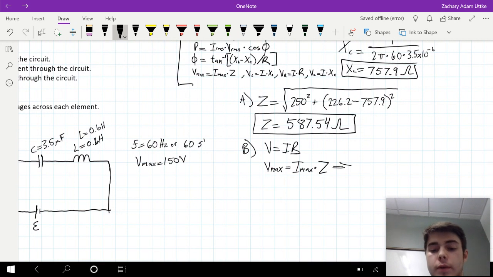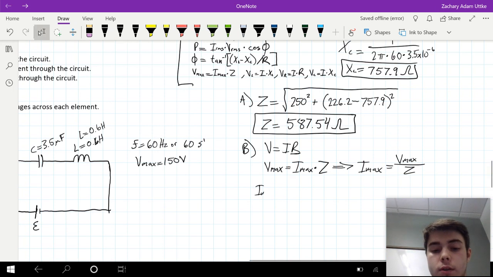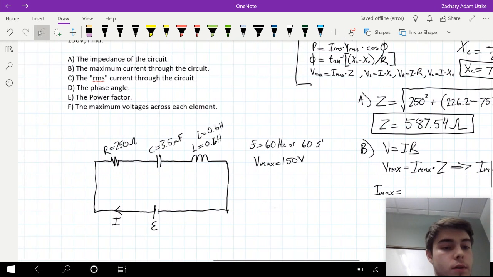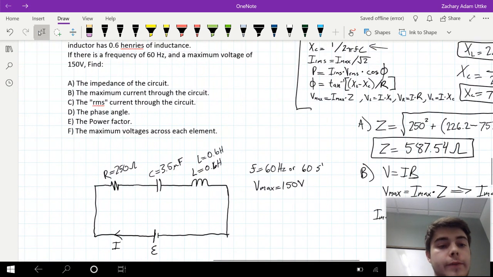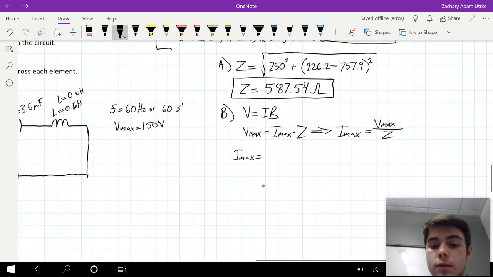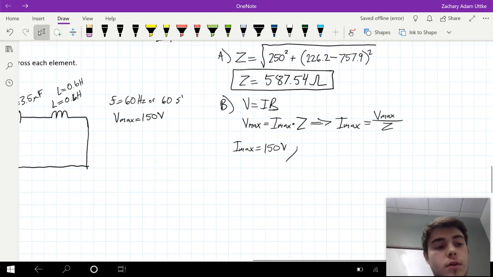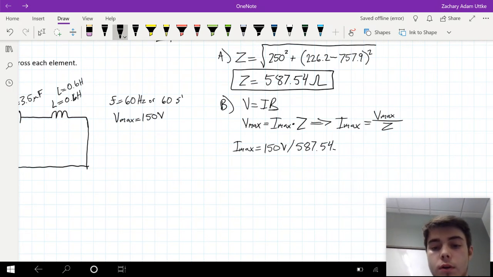So if we rearrange this, we get that I max equals V max divided by Z. So I max equals, what did we say V max was? Maximum voltage of 150 volts. 150 volts divided by 587.54 ohms.